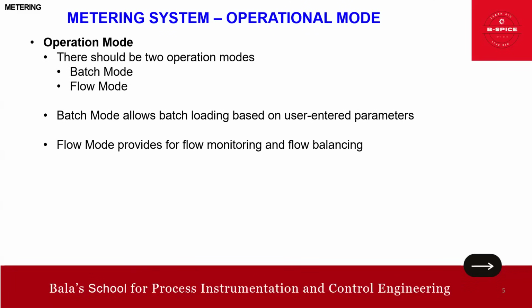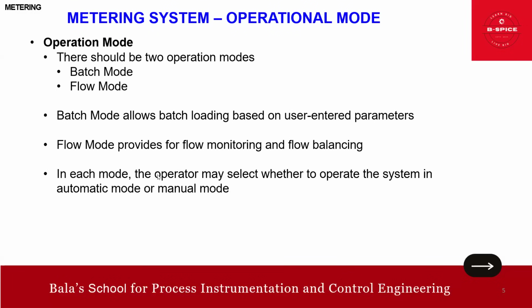Flow balancing in metering mode refers to a process of ensuring that the measured flow rates across different branches or zones of a fluid distribution system are accurately aligned with the desired or designed flow rates. Basically it adjusts the valves or devices to match the actual flow with the target flow. So flow mode provides for flow monitoring and flow balancing.